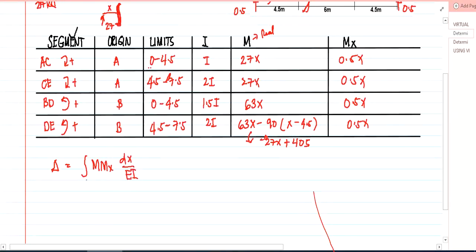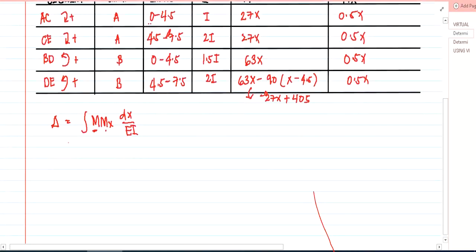Deflection is equal to the integral of m, the moment for the real system, and mx, the moment for the virtual system, dx over EI. So we just substitute our values. We start with segment A, limits 0 to 4.5. Our m is 27x, mx is 0.5x, dx over EI.